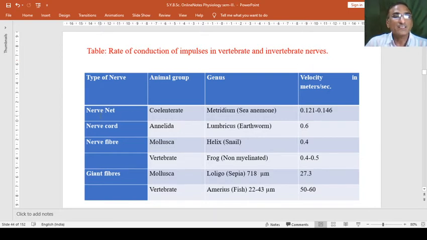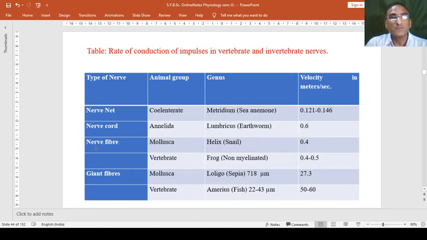In the nerve net of sea animals, especially the species Metridium, the velocity is 0.121 to 0.146 meters per second, whereas the nerve cord in Annelida, especially the earthworm Lumbricus, is 0.6 meters per second.